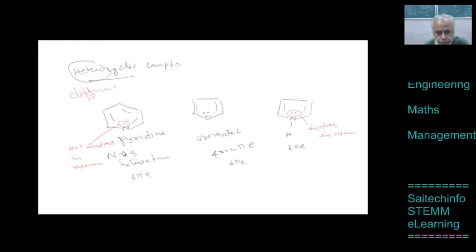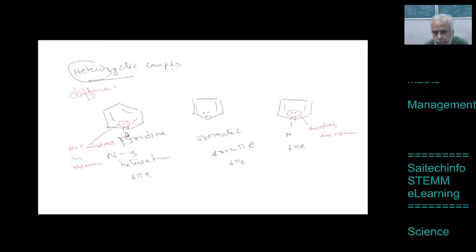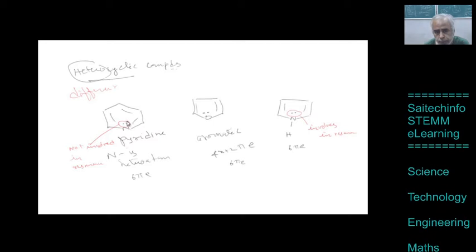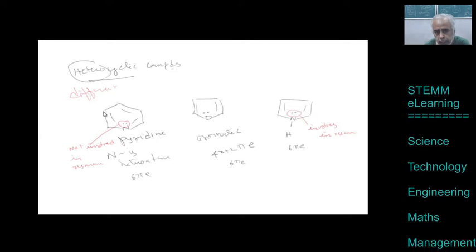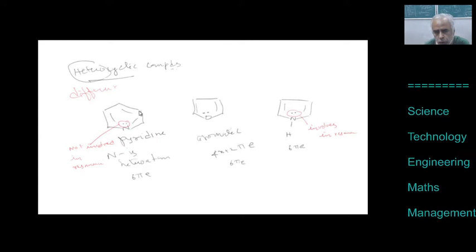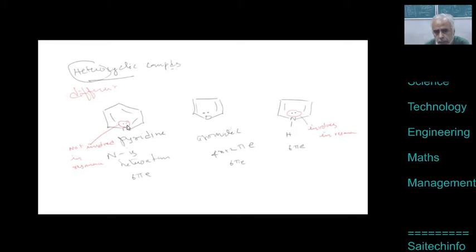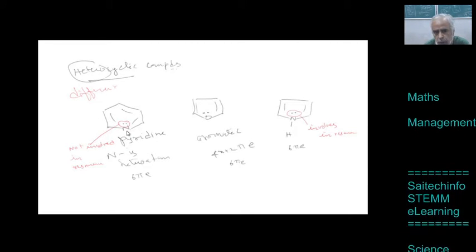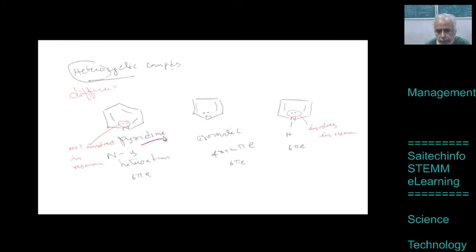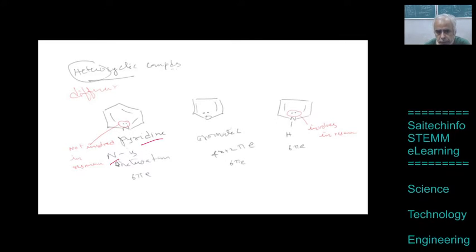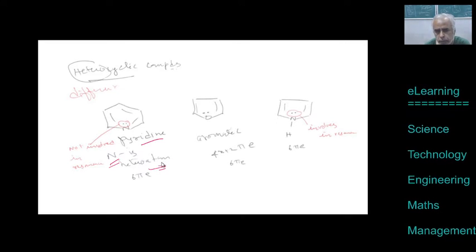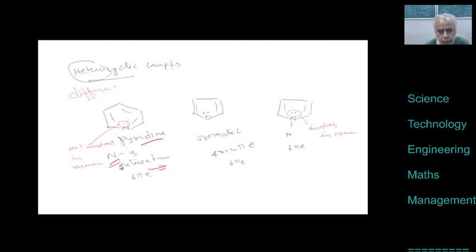This pyridine has nitrogen as heteroatom, but now listen to me very carefully. You have got 3 double bonds, and elsewhere you have CH, CH, CH, CH, but here there is no CH, instead there is only one nitrogen. So this structure is called pyridine, and nitrogen is the heteroatom. The question will be asked, what is the heteroatom present in pyridine, which is nothing but nitrogen.